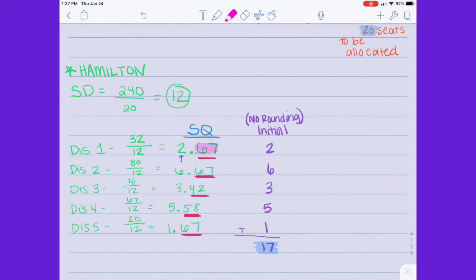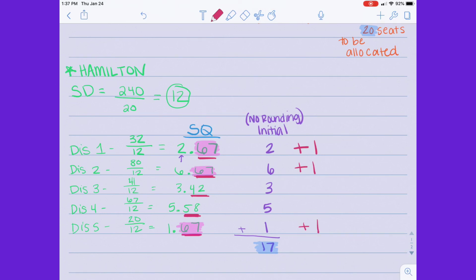It just so happens that they're equivalent: .67, .67, and .67, and there are 3 of them. So what Hamilton's method says is I'm going to give those extra seats to the districts that have the largest fractional value. So I'm going to add a seat to District 1, a seat to District 2, and a seat to District 5.